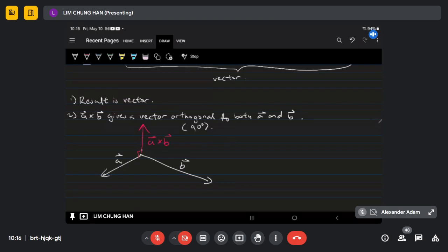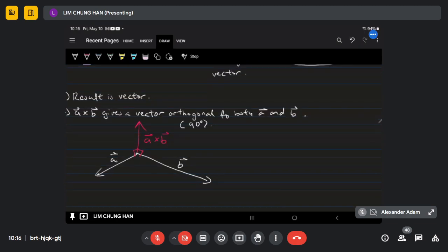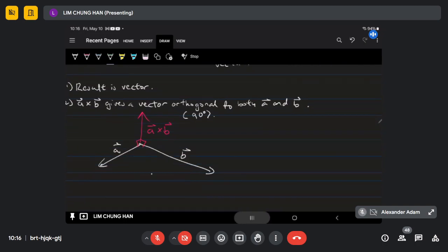So if you do A cross B, that's what you get. However, if you do B cross A, you will also get a vector that is orthogonal to both A and B, but it will be in the other direction.